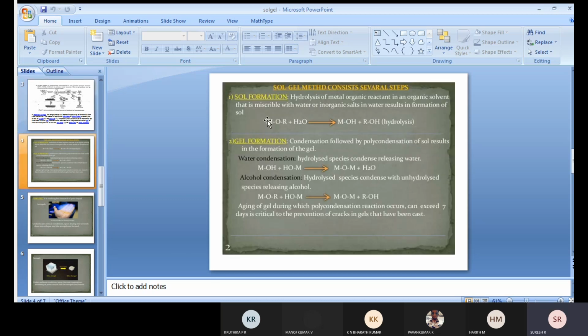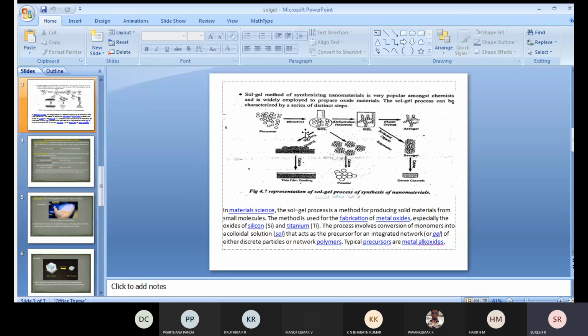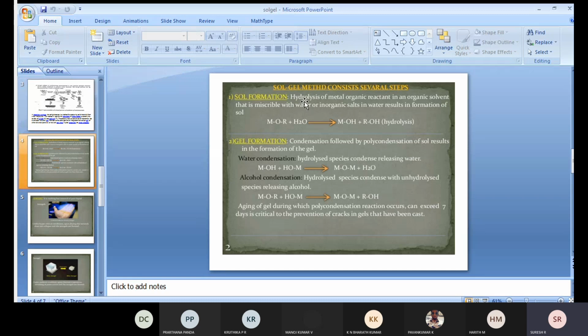The first step is the Sol formation. As I've been telling, the Sol formation is the first important step. In the Sol formation, the hydrolysis of metal organic reactants in an organic solvent, mixed with water or inorganic salts in water, results in the formation of a Sol.